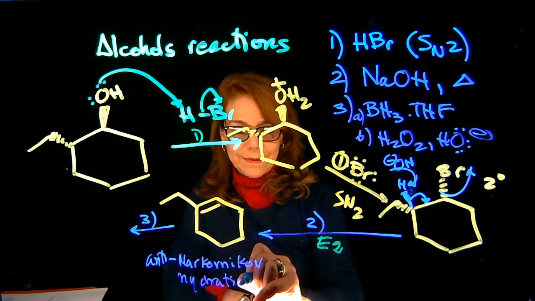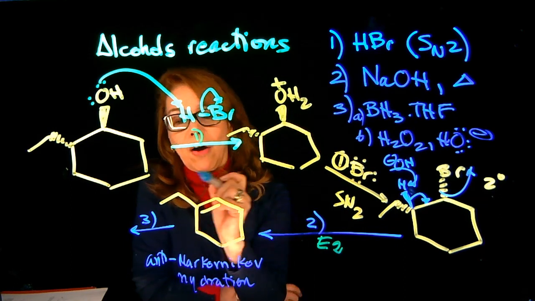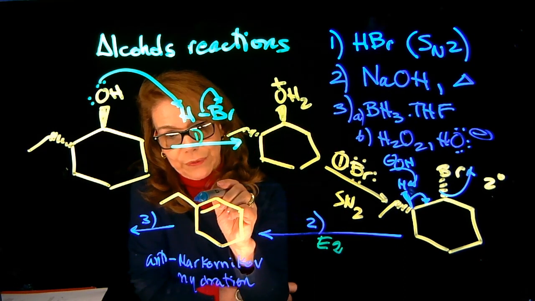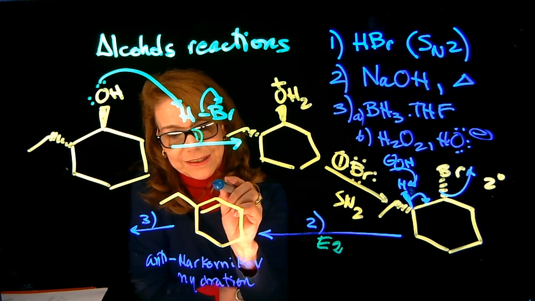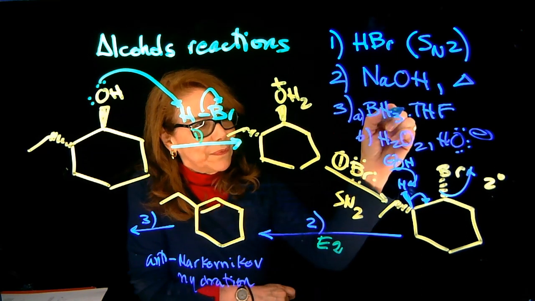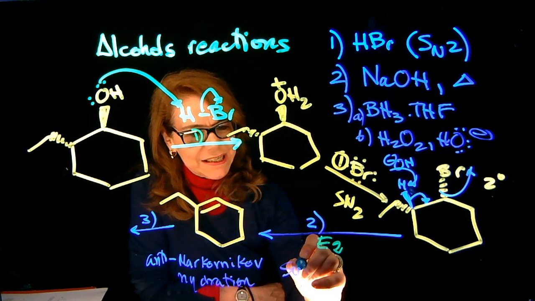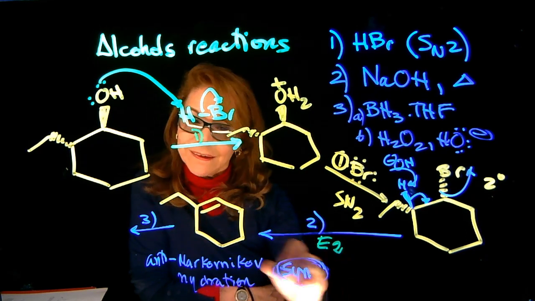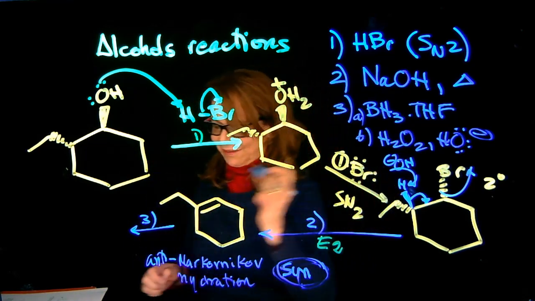Because it's anti-Markovnikov, remember that you're going to have the H at the more substituted carbon and the OH at the least substituted. But also, this reaction happens through a syn mechanism. If you need to review this, I have more videos about these reactions.